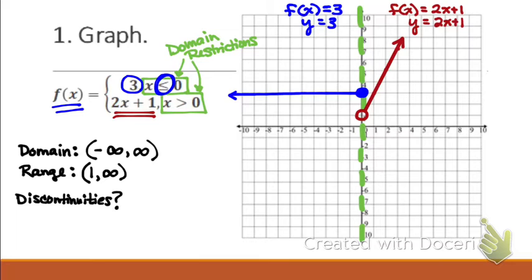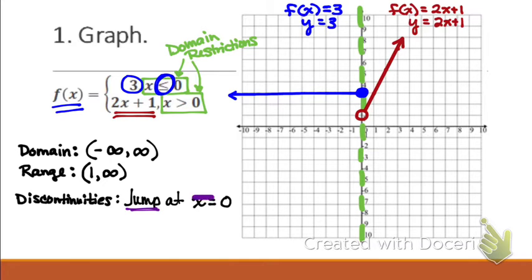Are there any discontinuities here? Jump discontinuity. Where is the jump discontinuity happening? At x equals 0. Make sure when you're telling me about discontinuities, you tell me what kind, and you tell me where they're happening.